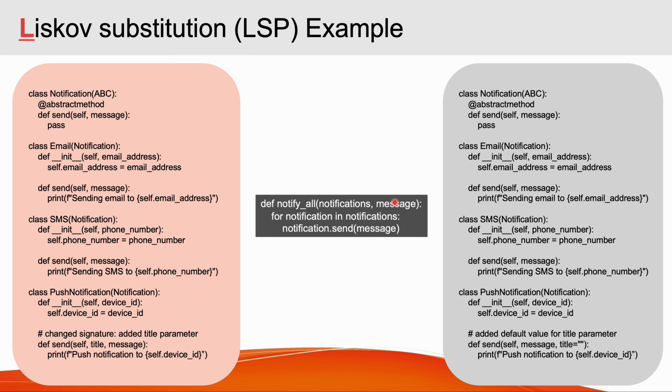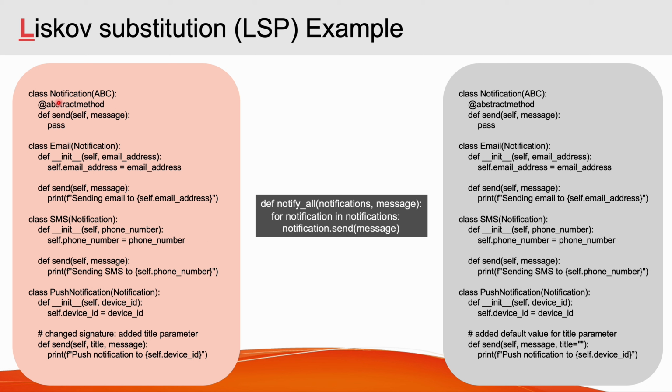And whatever message we want to send to all instances, right? Now what I am doing here is iterating through all the notification instances and trying to send the message. In this case, we are just passing message here because it is a common method which is there in the base class.